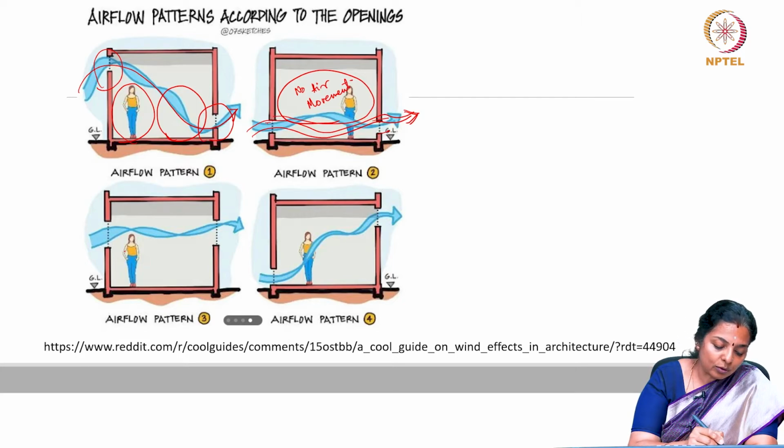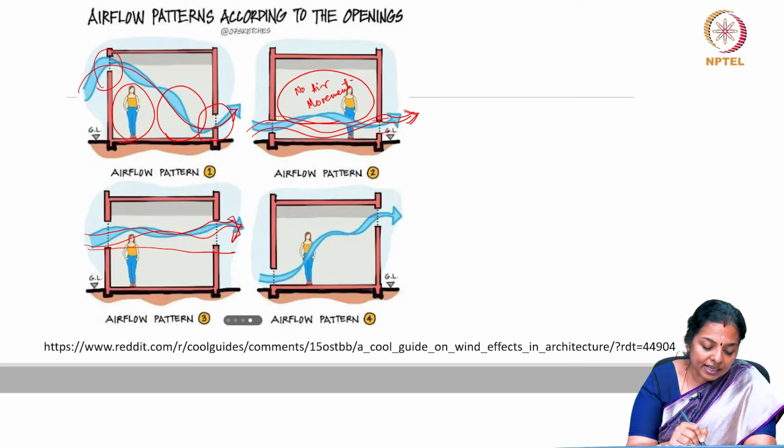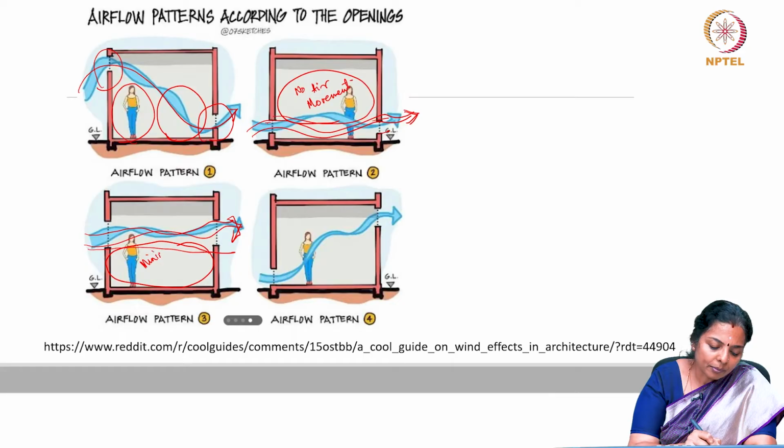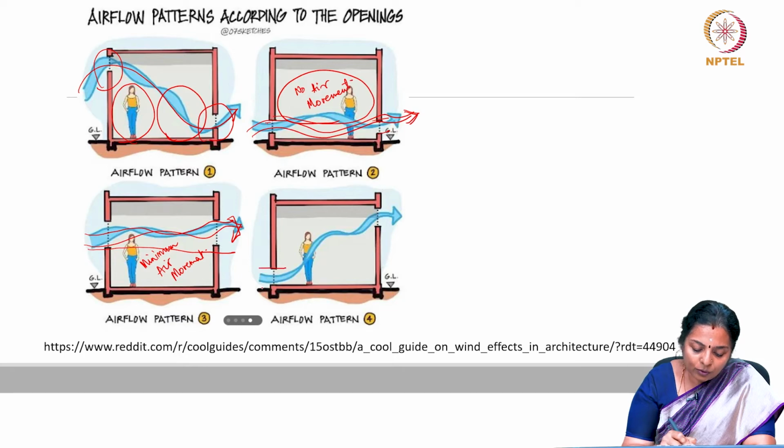If you have windows at heights which are above the human activity area, when the inlet and outlet are such, then at the human activity level there will be minimum air movement. Whereas, if you have the inlet at a lower level and the outlet at a lower level, you would get this breeze.